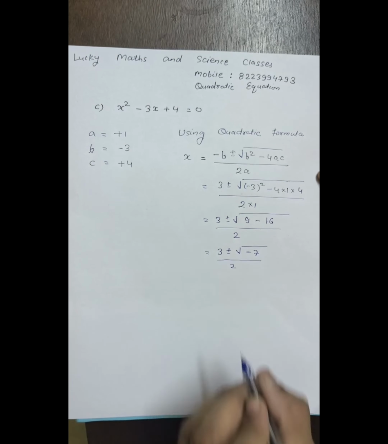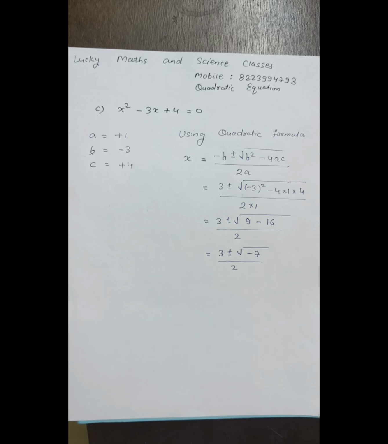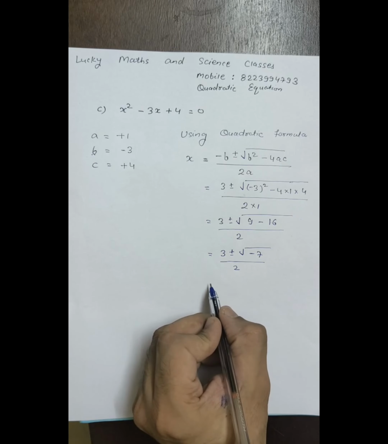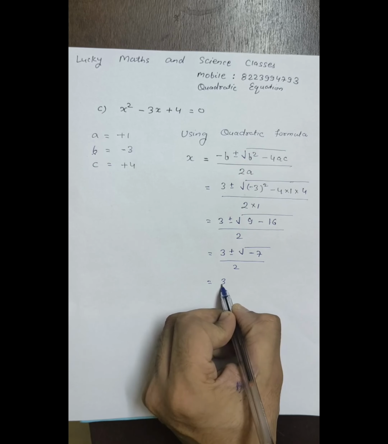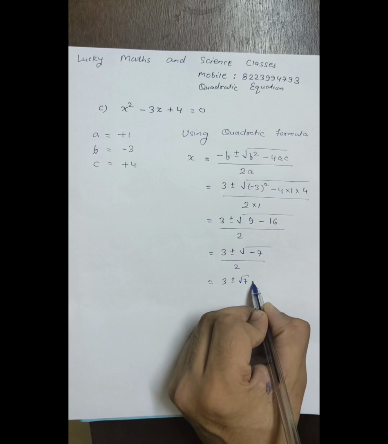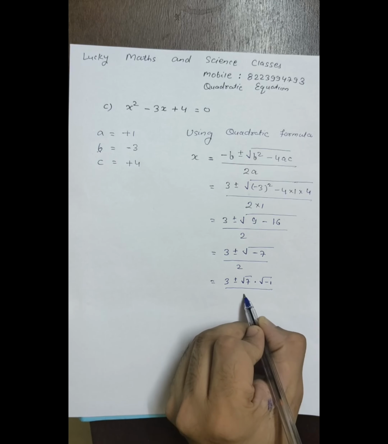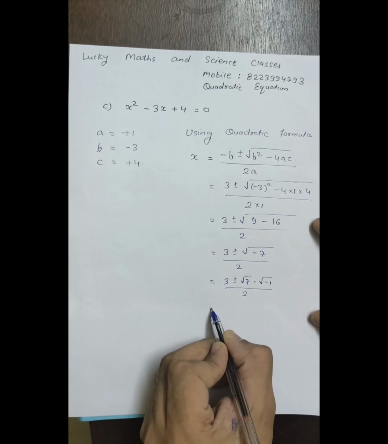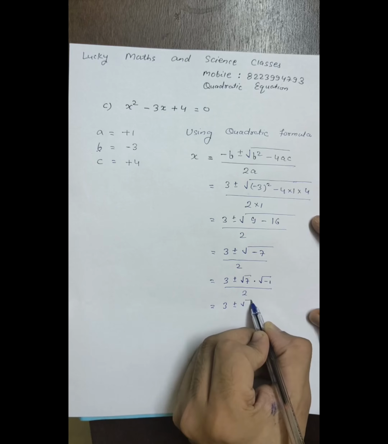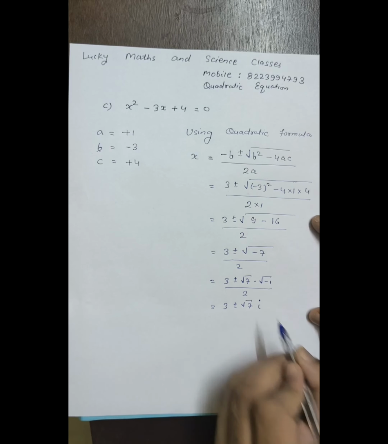Now this time roots won't be rational. Why? Because inside the square root we have a negative. So for now, 3 plus minus, can we say, square root 7 times square root minus 1, whole divided by 2. Now square root minus 1 is i.